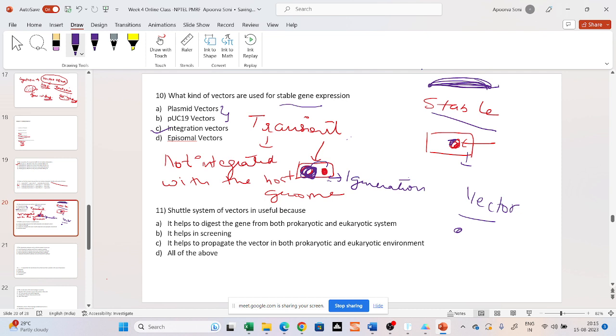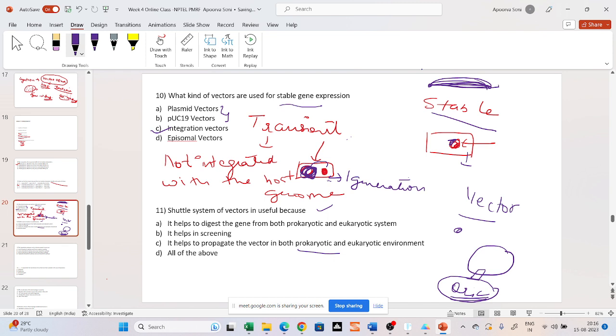So shuttle vectors are vectors that are able to propagate in a prokaryotic environment and also in a eukaryotic environment. For propagation, how can a vector replicate? When it has the origin of replication. Only then is a vector able to replicate. These origins of replication are specific for prokaryotes and specific for eukaryotes.